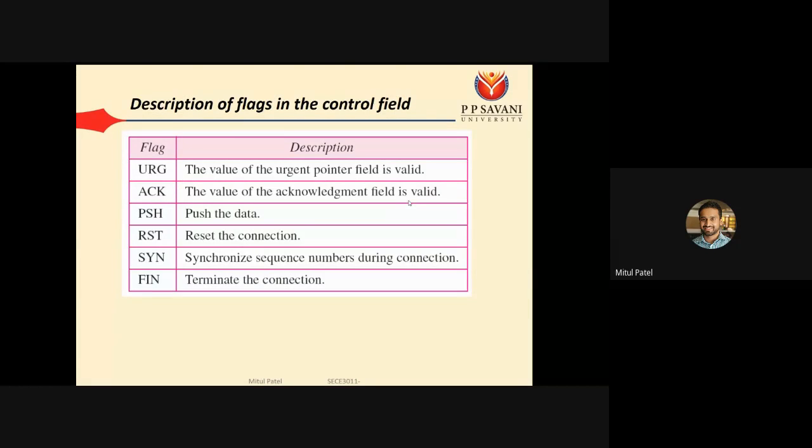For acknowledgement, the value of the acknowledgement field is valid. When we need to push the data, we set the push flag. When we need to reset the connection, we set the reset flag. When we need to synchronize the sequence number during the connection, we set the SYN flag. And when we need to terminate the connection, we set the FIN flag.